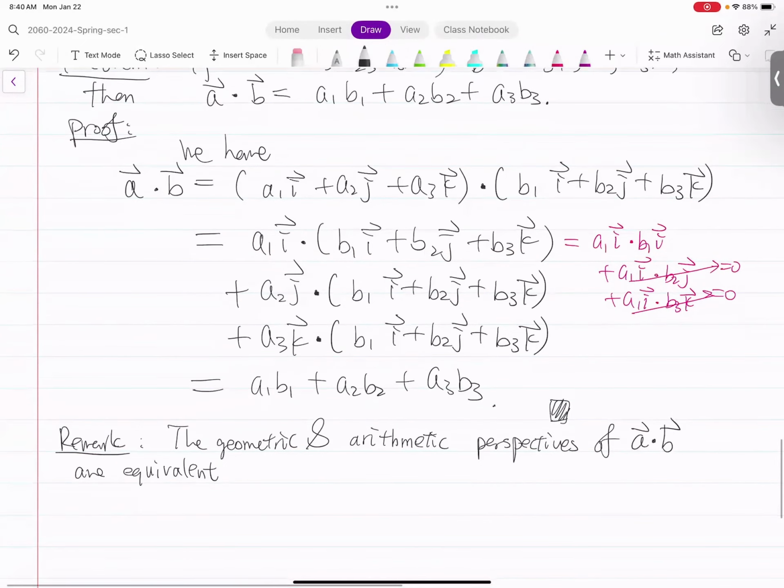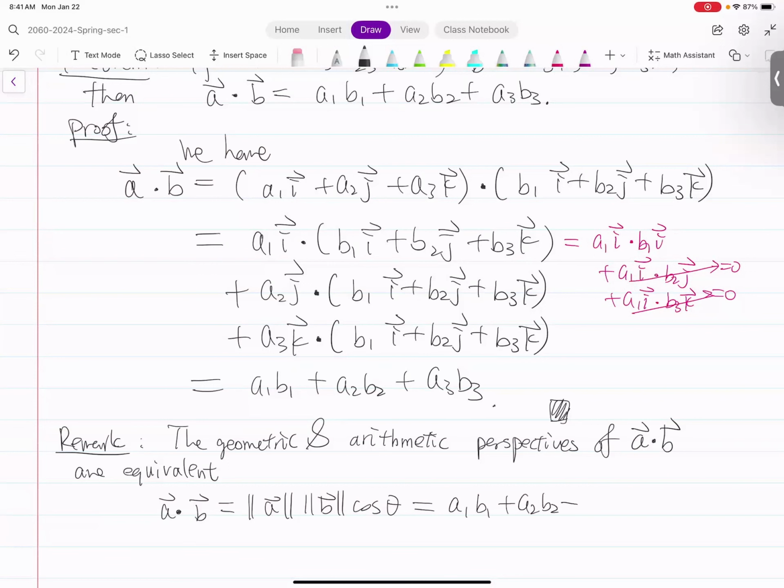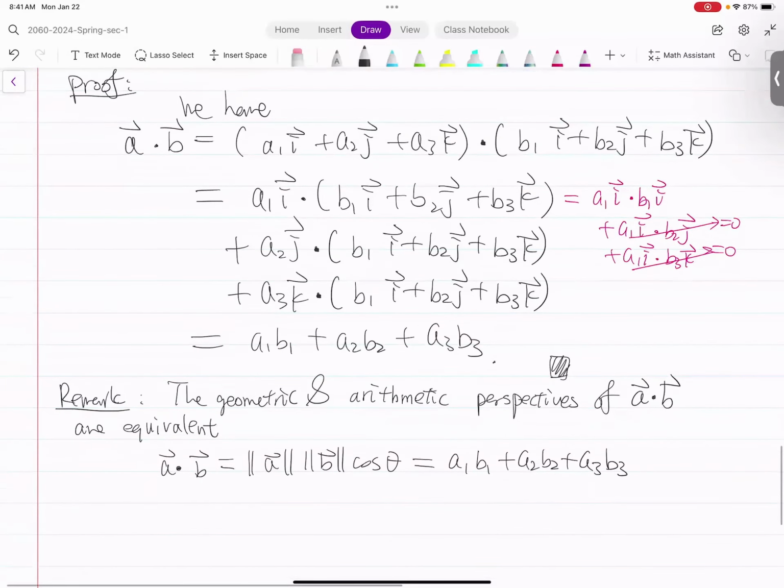To put them down in the same line: the geometric perspective is saying I'm multiplying the magnitudes and then times the cosine of the angle covered between them. This is the same as doing the calculation of A1 B1 plus A2 B2 plus A3 B3, as long as you know the components of the vectors, right?